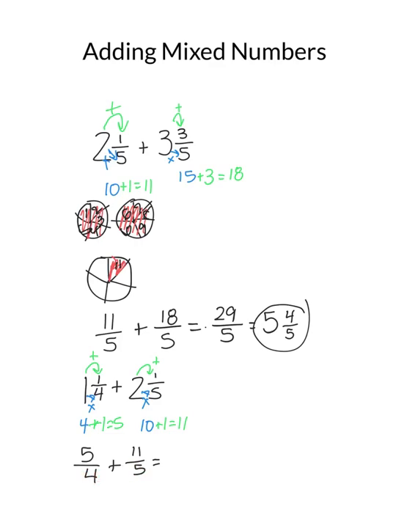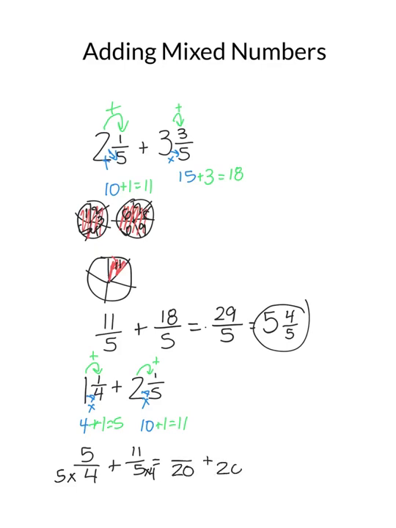So that's what I need to do next. So just like we did before, I'm going to find a number that I can use on the bottom that's the same. So in this case, I'm just going to do 4 times 5. I'll multiply them together. So I do 4 times 5 and 5 times 4, which I know is 20.